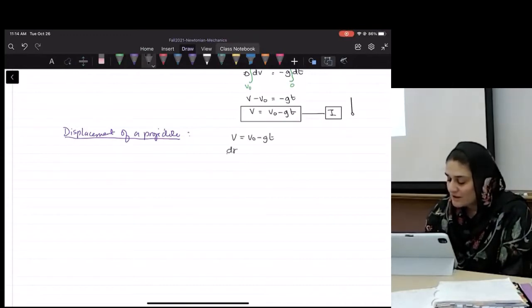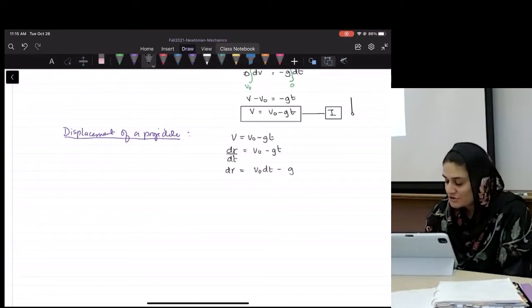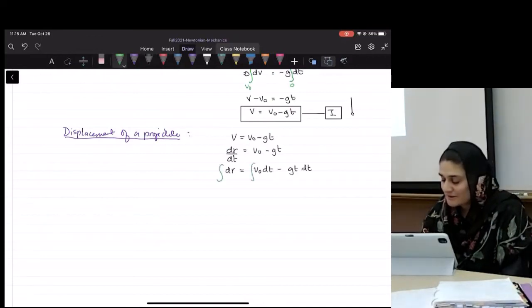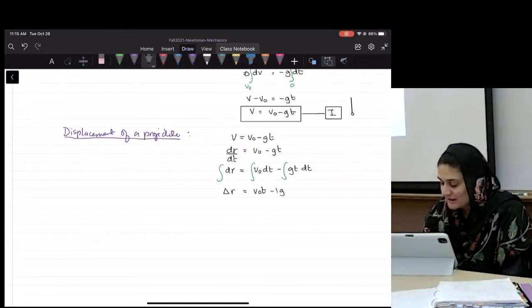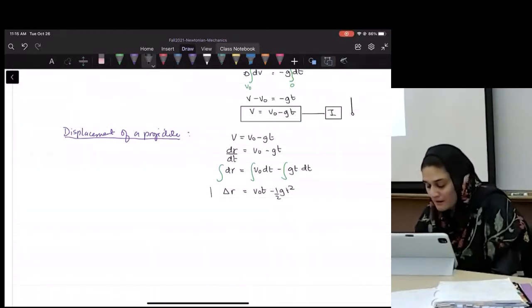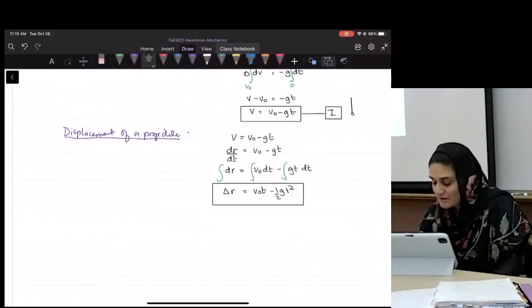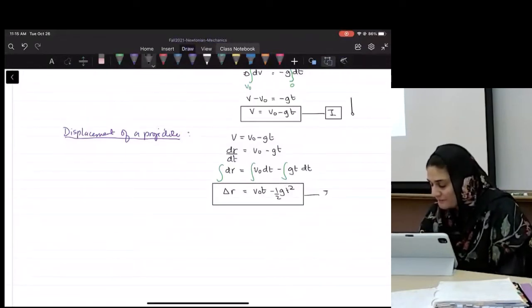Is this dr over dt equals v0 minus gt? Is this dr equals v0 dt minus gt dt? Integrate. What do you get? Delta r equals v0 t minus a half g t squared. Good guess. I know. Act surprised, shocked, completely dumbfounded.